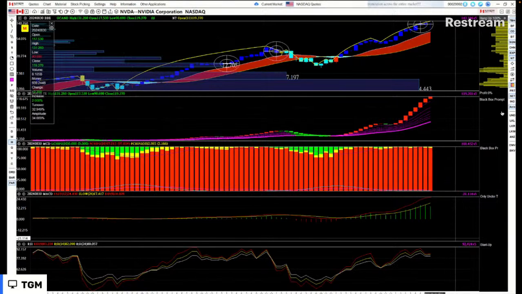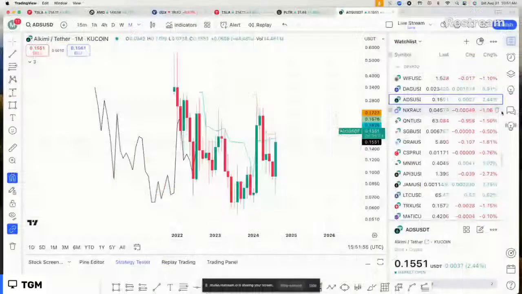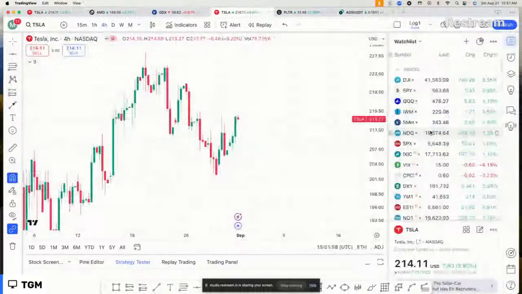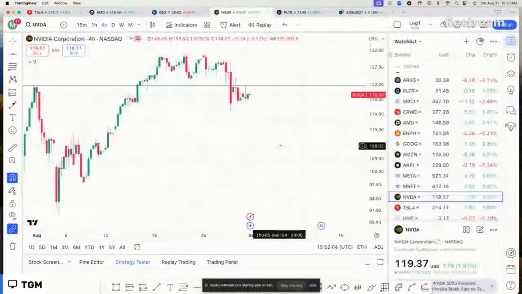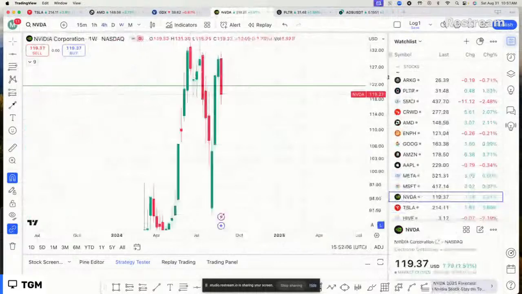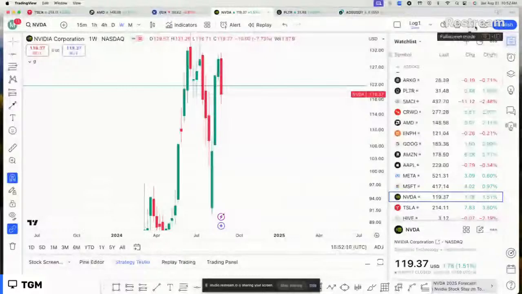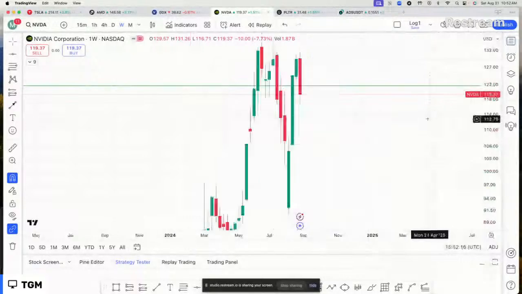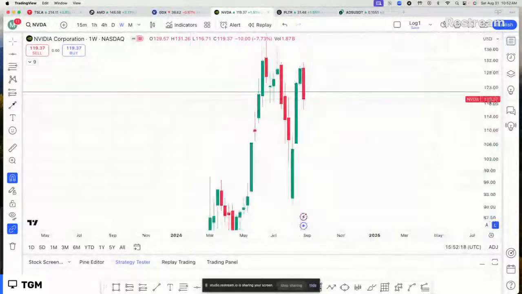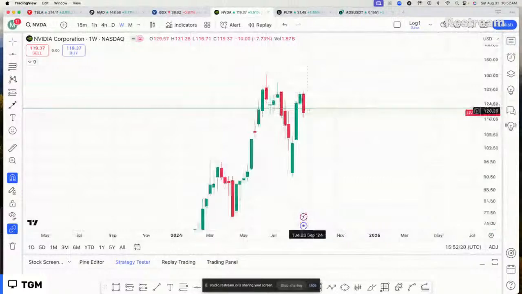So I can show NVIDIA just real quick here. If everybody wants to refer back to your Tesla video, the levels are incredible, how it works. So here is my NVIDIA weekly chart, and it did close below that green level again.